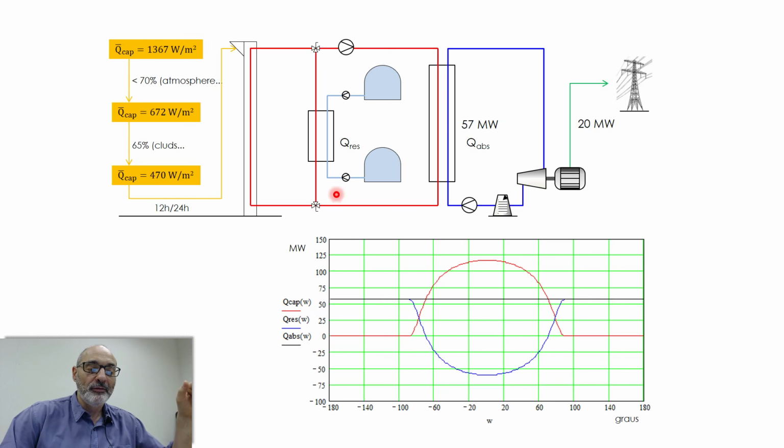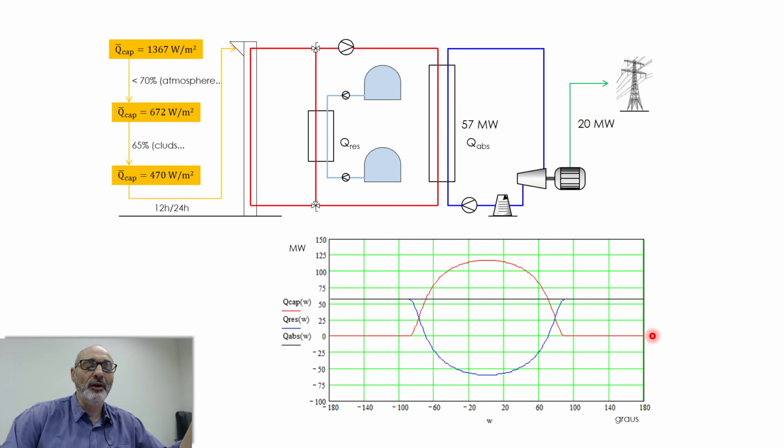And this black line is equal to the sum of what I get from the sun and what I get from the storage system, thermal storage system. So from the sun, I already calculated. It is this red line here. I want a constant supply of heat to the secondary cycle.